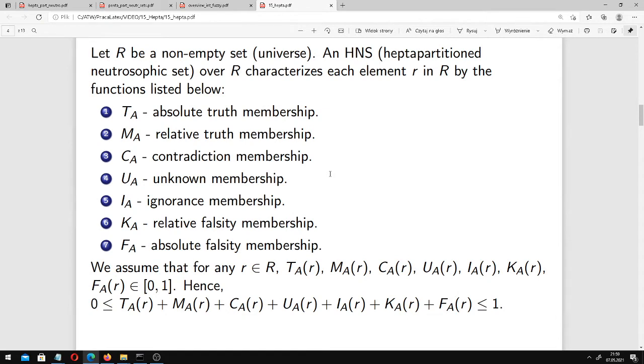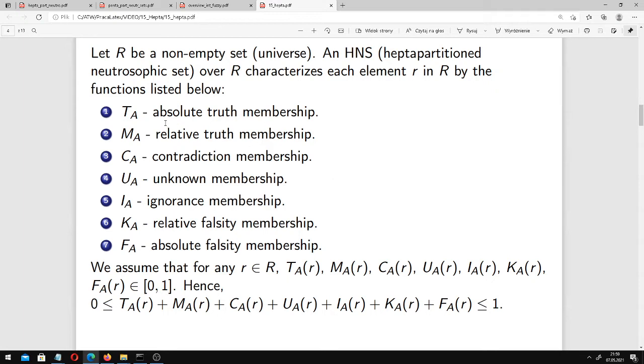Well, let R be a nonempty universe. An HNS, heptapartitioned neutrosophic set over R, characterizes each element small r in capital R by the functions listed below.